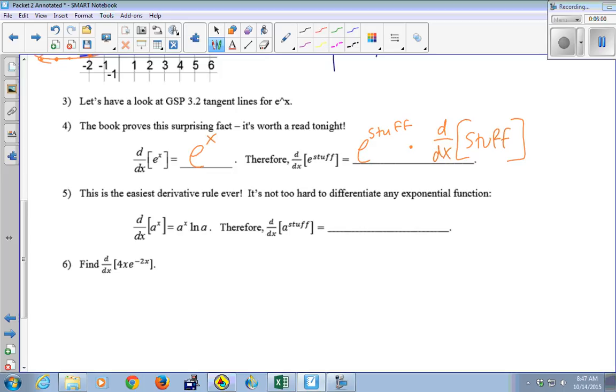It's actually not hard to differentiate any exponential function, even if the base is not e. So the derivative of a to the x is a to the x times the ln of a. So the derivative of a to some stuff would be a to the stuff times the ln of a times the derivative of the stuff.